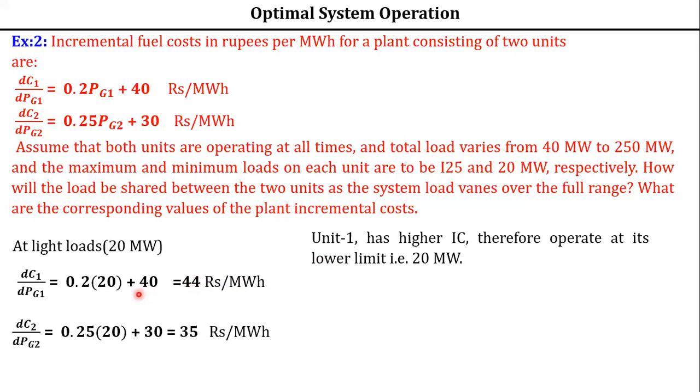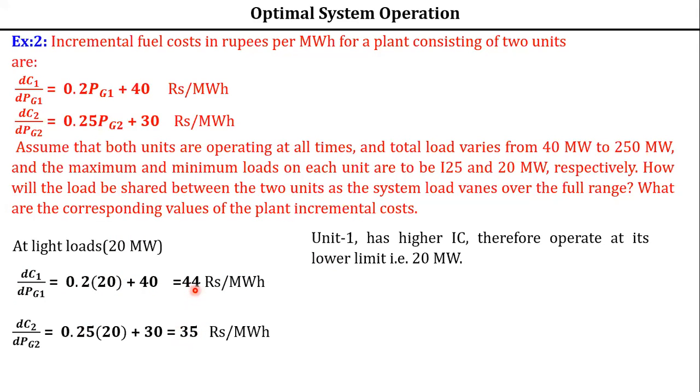So therefore, because 44 is there, fix this unit 1 at 20 megawatt. Understood? Any additional load, you apply it or give it to unit 2. Why? Because the incremental fuel cost is less.